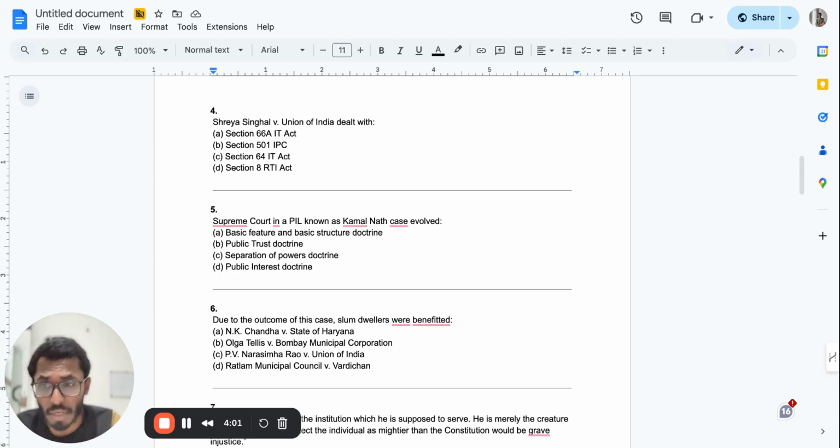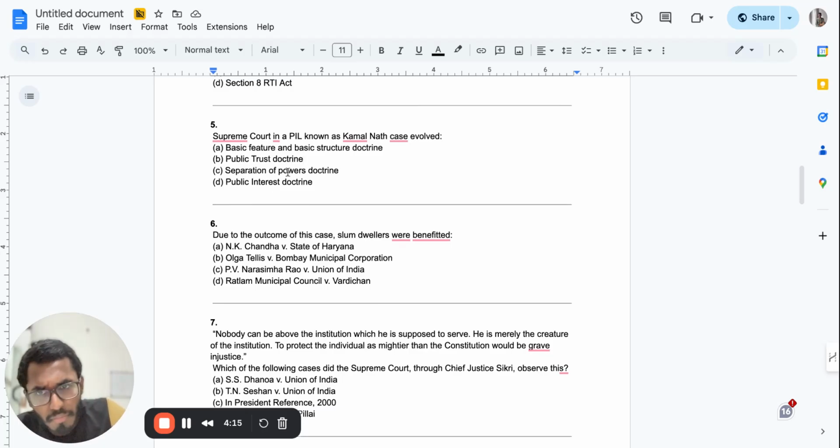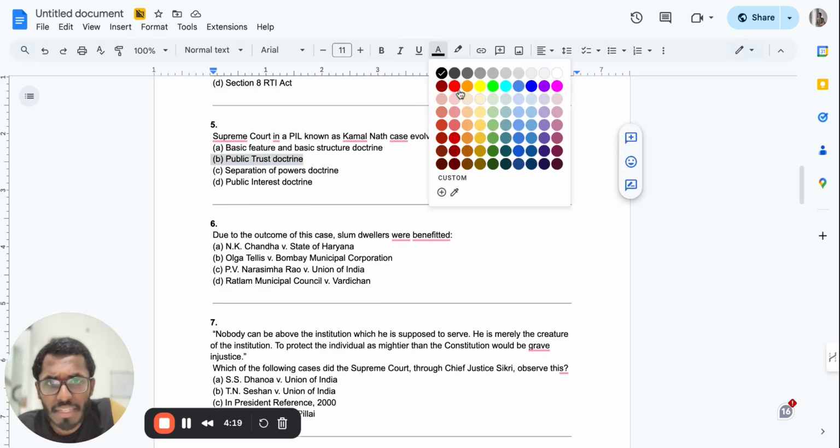If you've heard about the polluter pays principle, it says that if you pollute, then you have to pay compensation for it. Public trust doctrine emphasizes that certain natural resources are for public use specifically. The Kamal Nath case is very, very important.